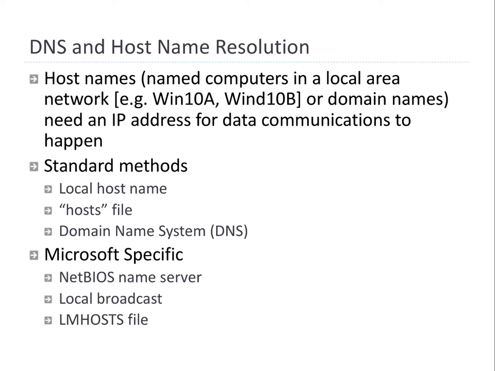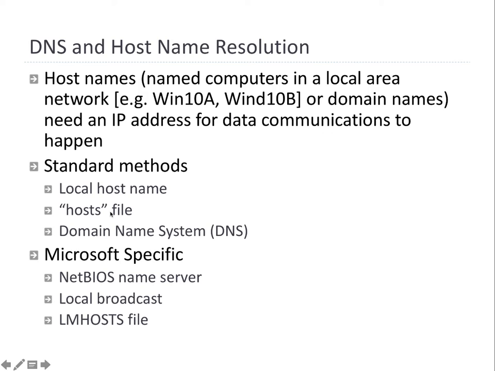And so one thing we can use, particularly with the traditional DNS and not the Windows system, but with just regular DNS, is a local host name, like what is your computer named? That's one way of knowing how to pass things around. A computer always checks itself first. Like if I'm going to send a packet out, it first checks, am I that particular device? The next thing it'll do is it'll look in a host's text file.